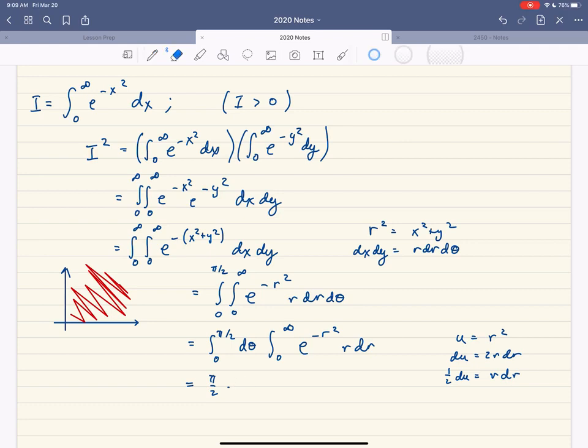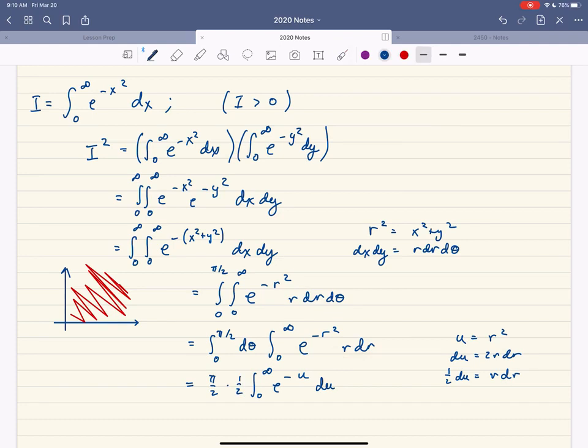So it's going to be 1/2 times the integral from 0 to infinity of e to the negative u du. I wrote a 2 in front, which I didn't mean. The 2 should really be a 1/2, because our r dr should be 1/2 du.